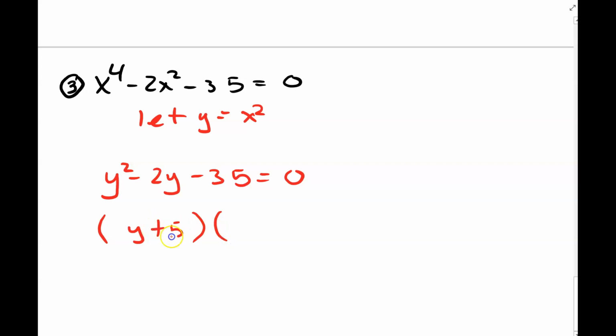Great, so I have y plus 5 and y minus 7. Everybody okay there? But we don't want to solve this over y, we want to solve over x. So let's put our x squareds back in.